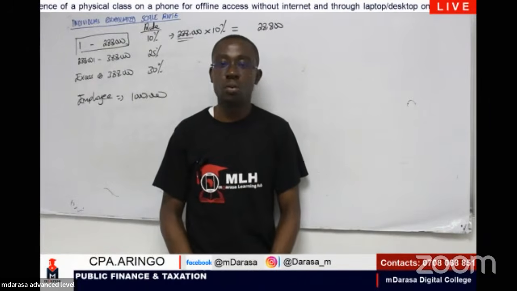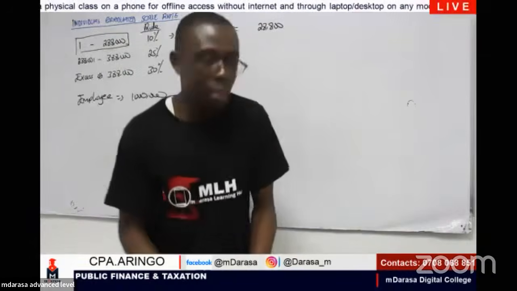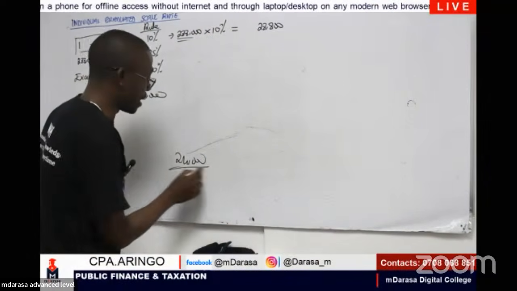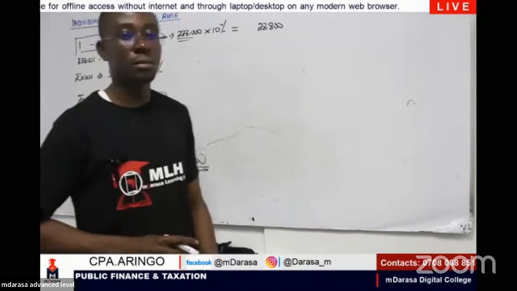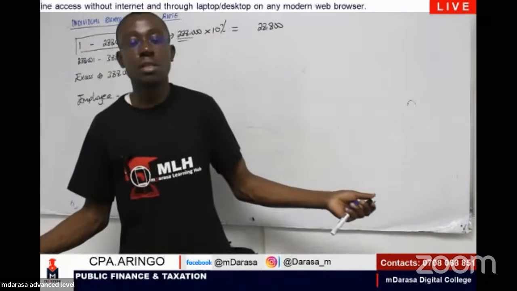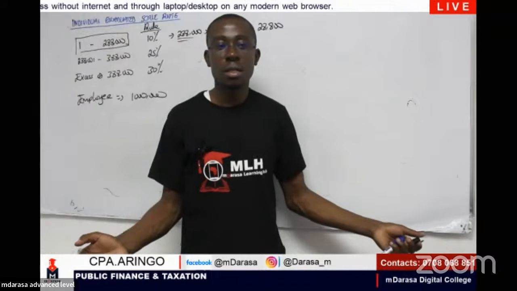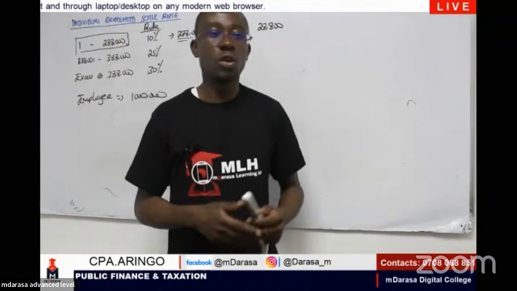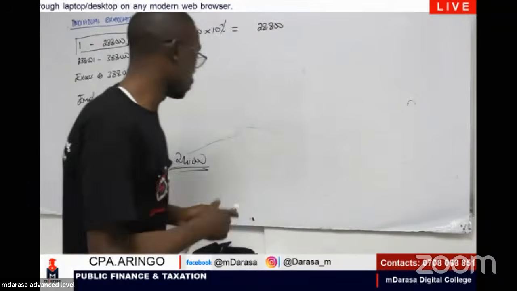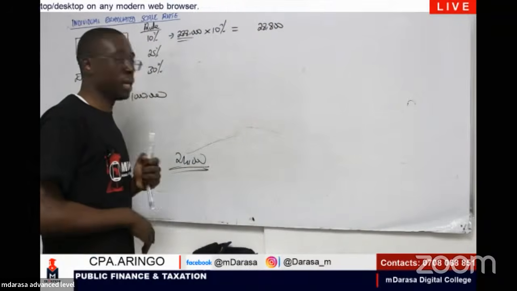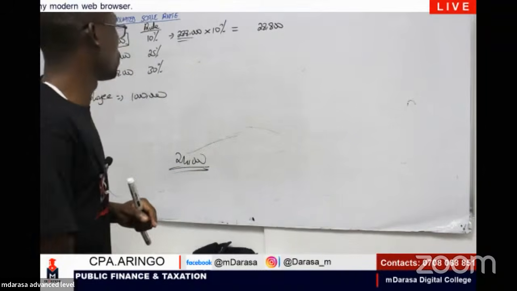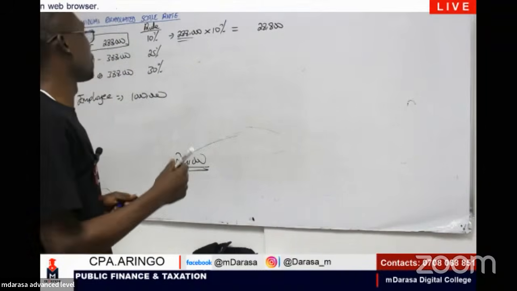That is the minimum amount. For monthly, we normally talk about 24,000. Any person earning below 24,000 doesn't have anything to pay as tax, because the relief will set it off, so the amount payable will be nil.